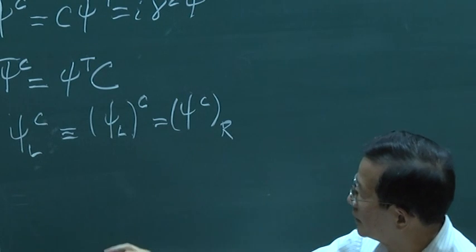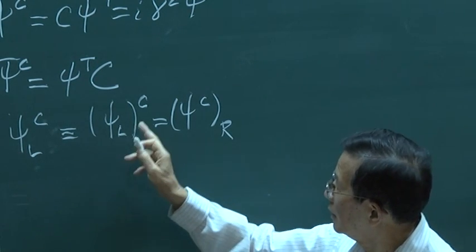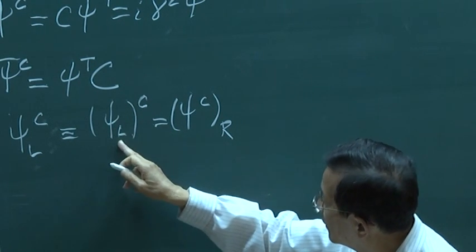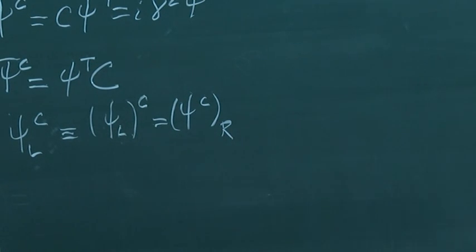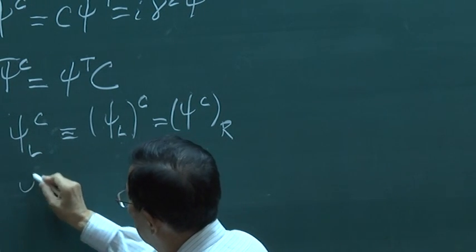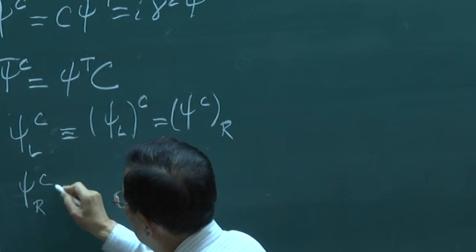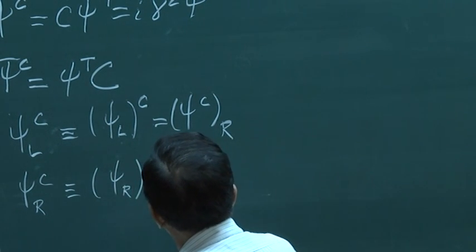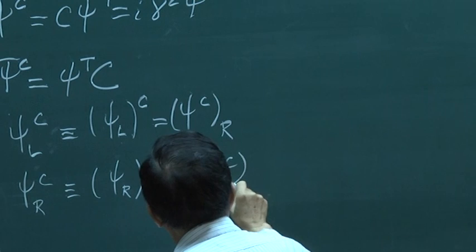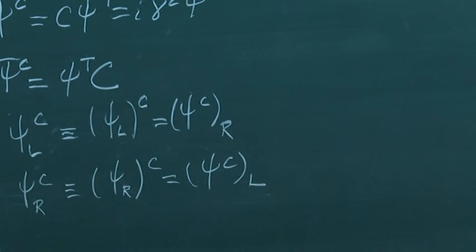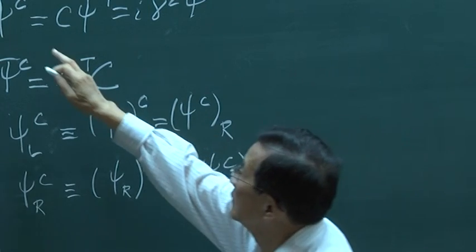The important point is that the charge conjugation of psi L is a right-handed field, so this is very important to remember. And the same thing: the charge conjugate of psi R is left-handed.